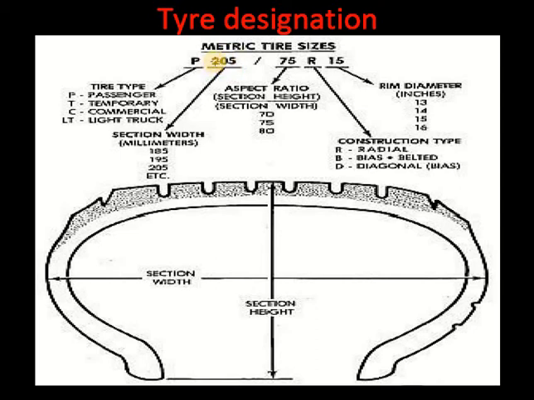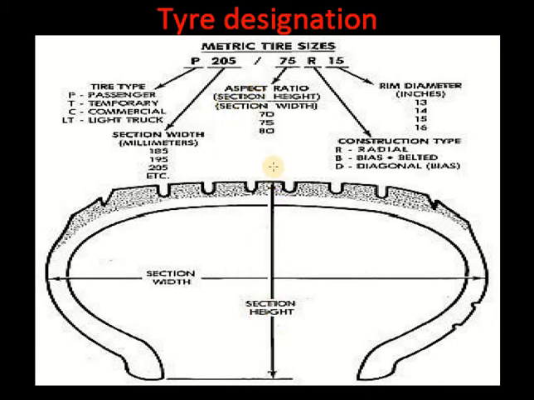The second number, 205, is the section width, the total section width. It represents 185, 195, 205, etc. Similarly, the number 75 is the aspect ratio, the section height relative to section width.